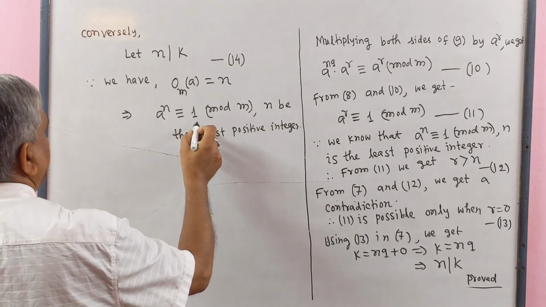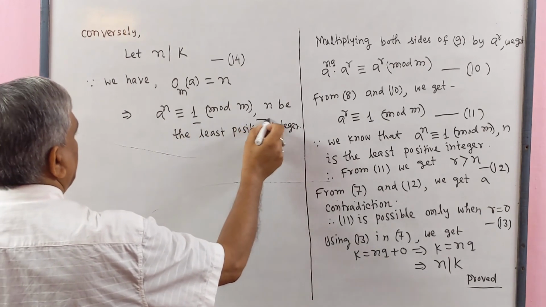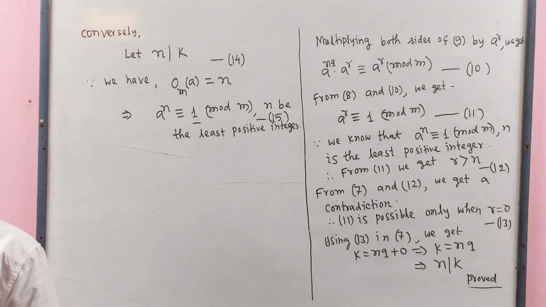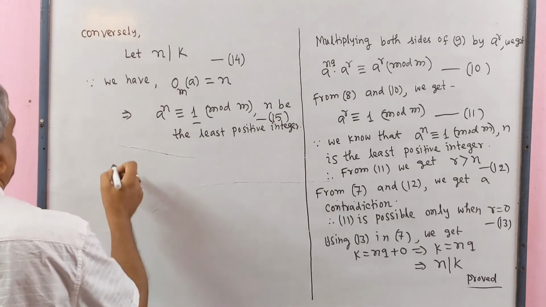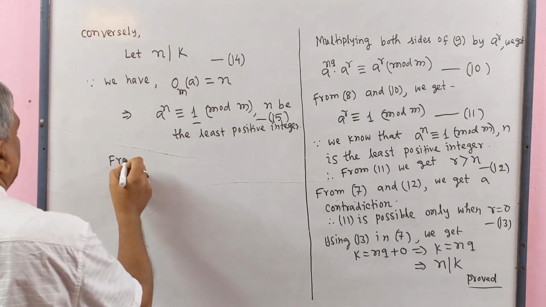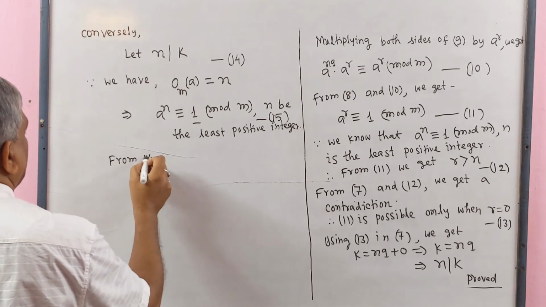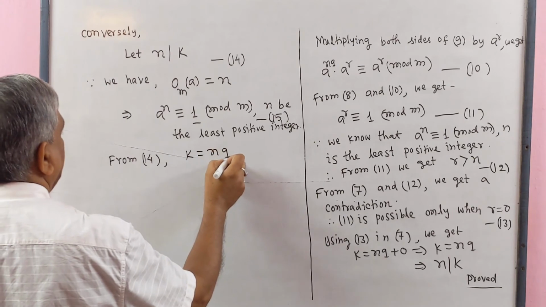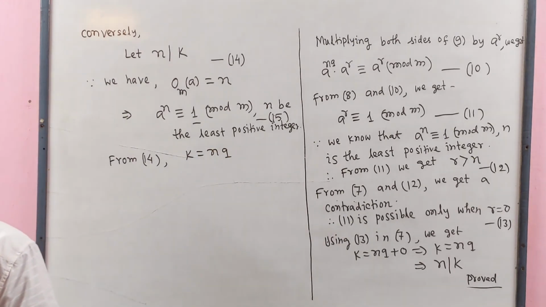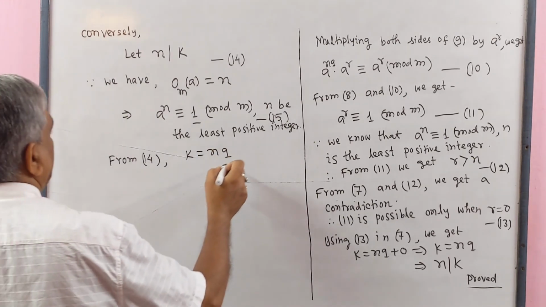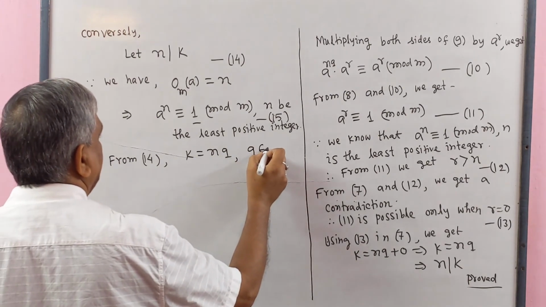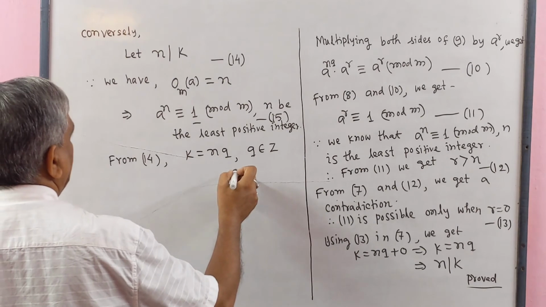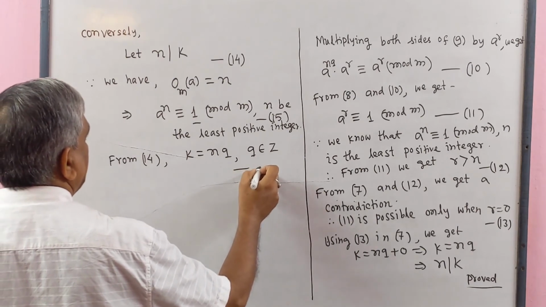This is number 15. From 14, K equal to NQ, Q is an integer. Let this be number 16.